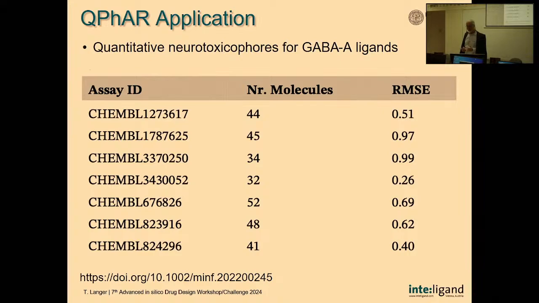We have here the list of molecules, the data sets that we used from Campbell and together validated with industry data to be able to correctly predict if a molecule has a certain chance to bind to this GABA receptor in an agonistic way and then elicit, for instance, seizures. Right? So this is a typical thing. If you bind to the GABA channel, you will have the risk of seizure. One thing, now we can predict this.